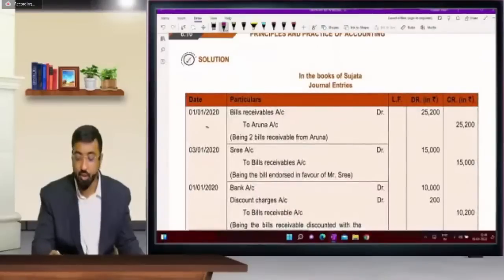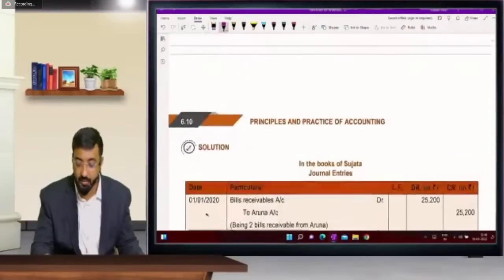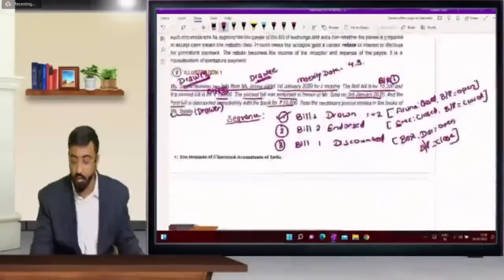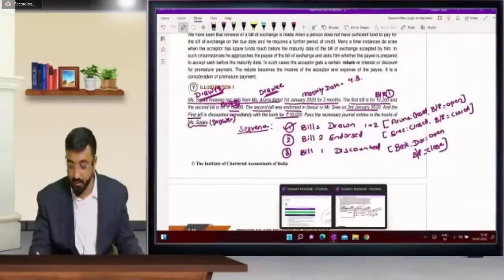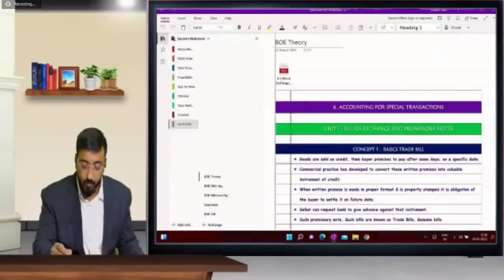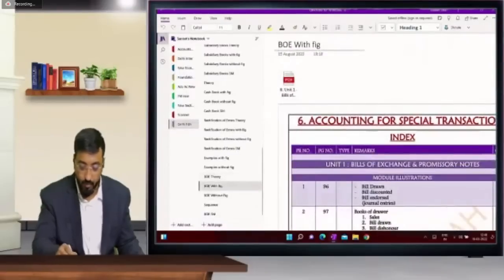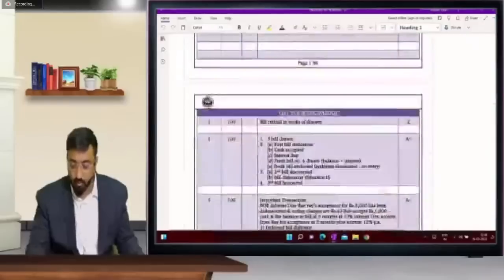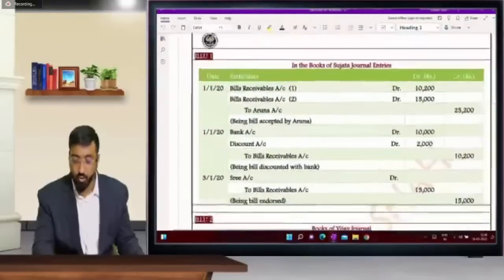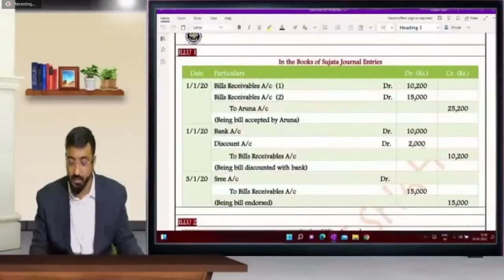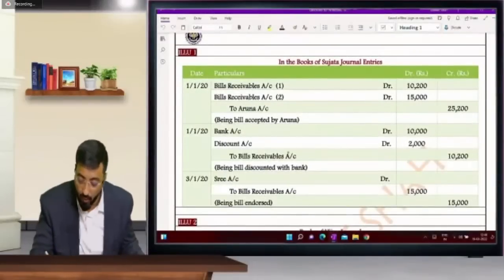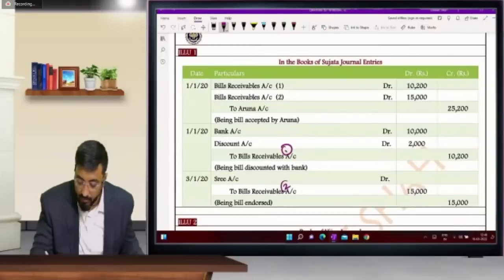So bills receivable account, you can pass two separate entries if you want. You can pass two separate entries like me. I will show you. So you can see, you can take a screenshot of this if you want. Bills receivable 1. And this is bills receivable 2.